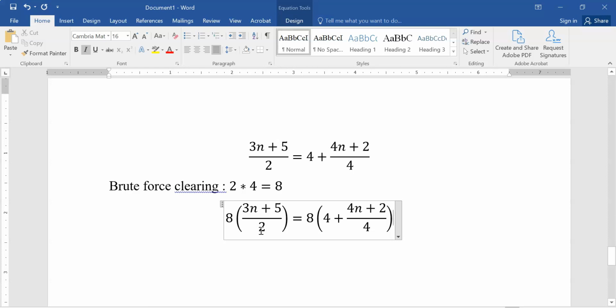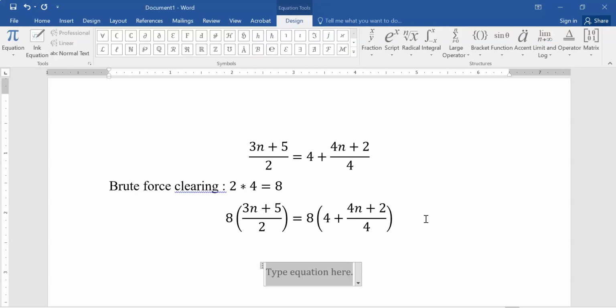In other words, I can think of this dividing by 2 as taking this first piece and dividing it by 2, and also this second piece dividing it by 2. So in other words, the left-hand side, what I'm thinking of is 8 times (3 halves n plus 5 halves), like that.